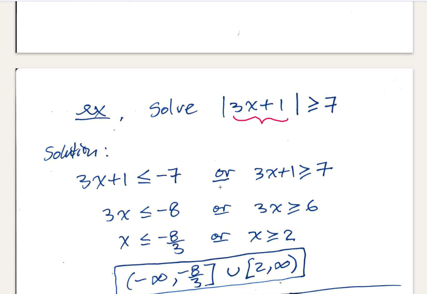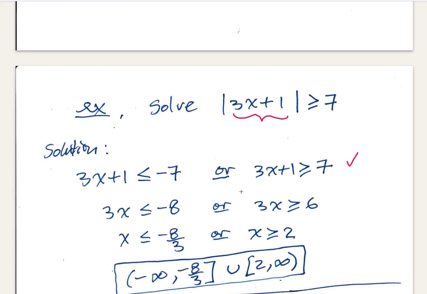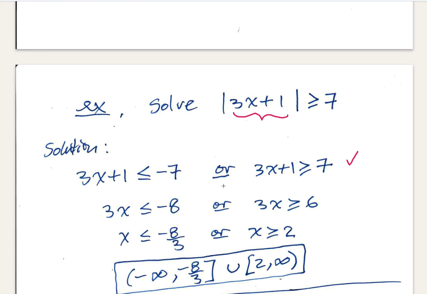Notice if you think about this on the real number line, you've taken a big bite out of the middle. That's what happens with these. All right, 3x plus 1 is less than or equal to negative 7, or 3x plus 1 is greater than or equal to 7. You have to write it as two separate inequalities, right? I'm going to show that down below, a common error students make, but don't make it.